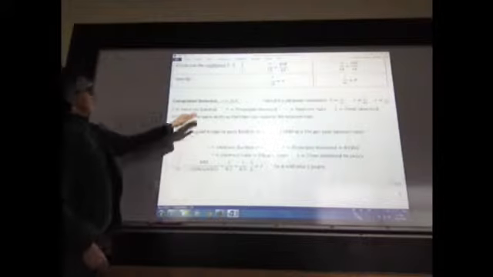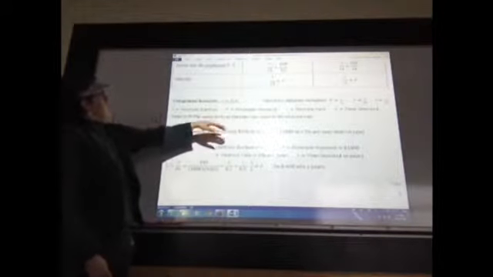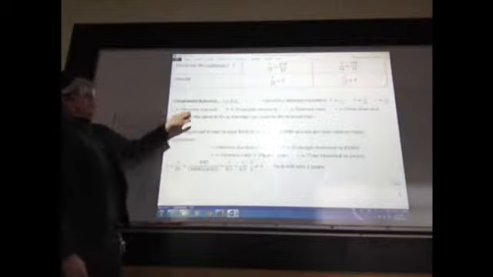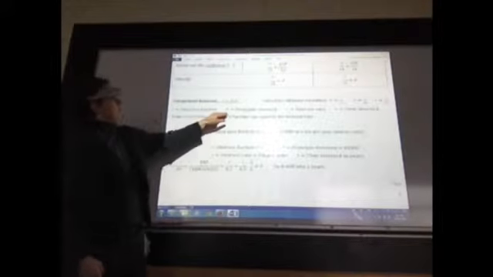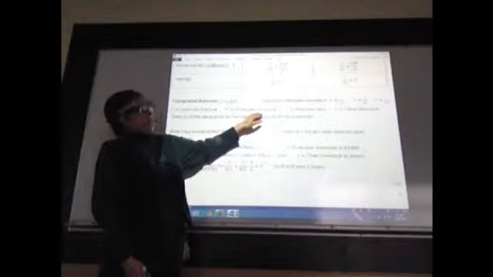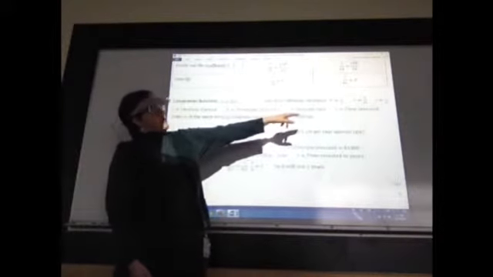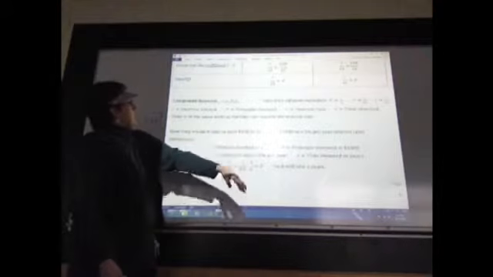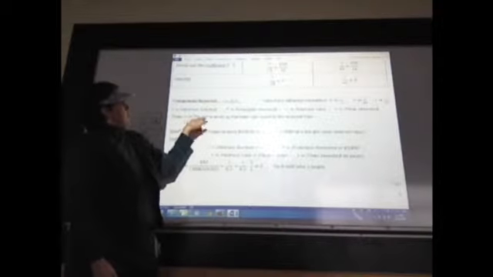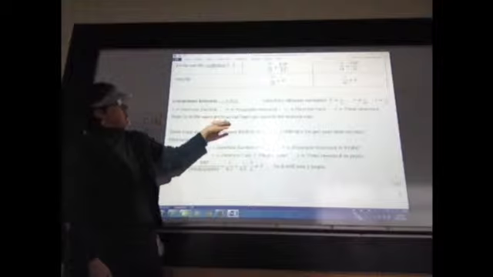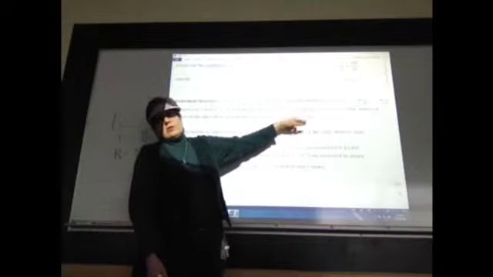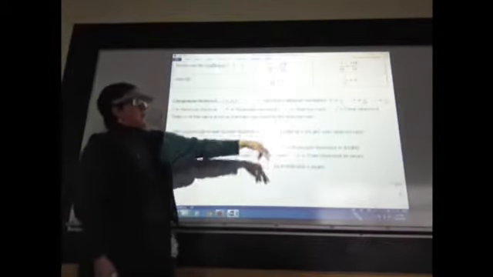So, this formula is for compound interest, and I is the interest earned. The P stands for principal invested, R stands for interest rate, and T stands for time invested. And the time needs to be in the same units that the interest rate is in terms of.